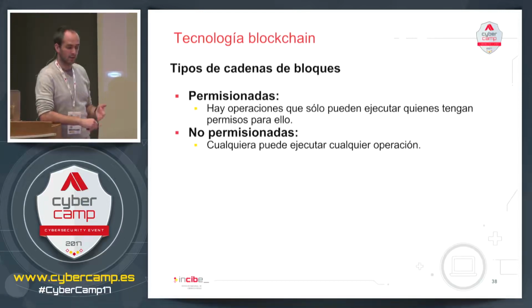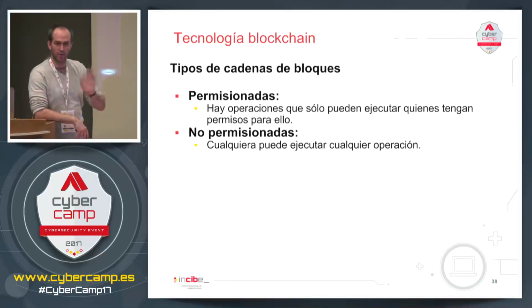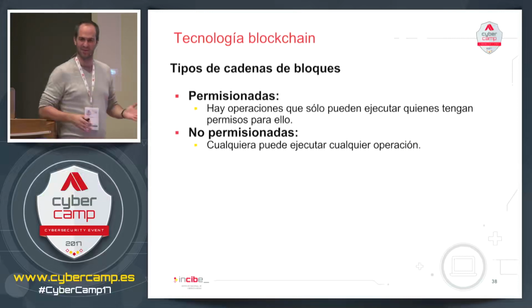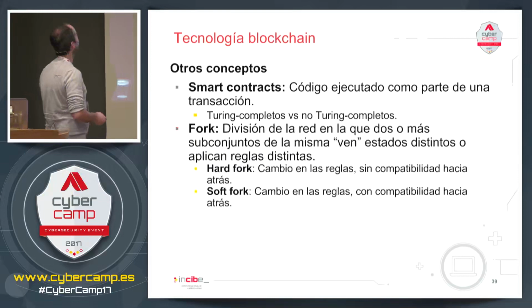And the non-permitted chains are those blockchains in which anybody can do anything, such as Bitcoin. In Bitcoin, I can set up a mining node and start operating as a mining node. It may well be that I can't mine a block until the next 10,000 years have gone by.